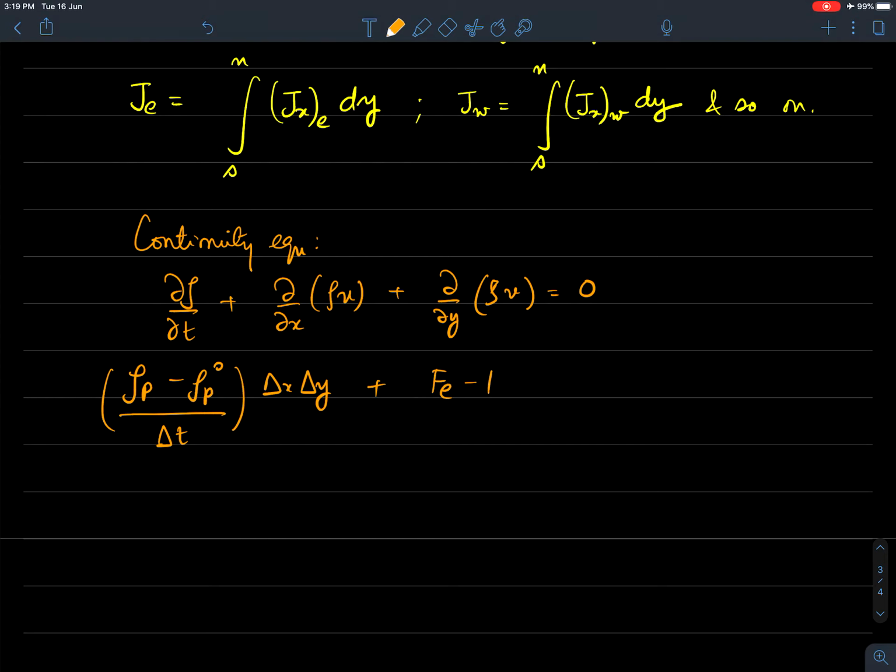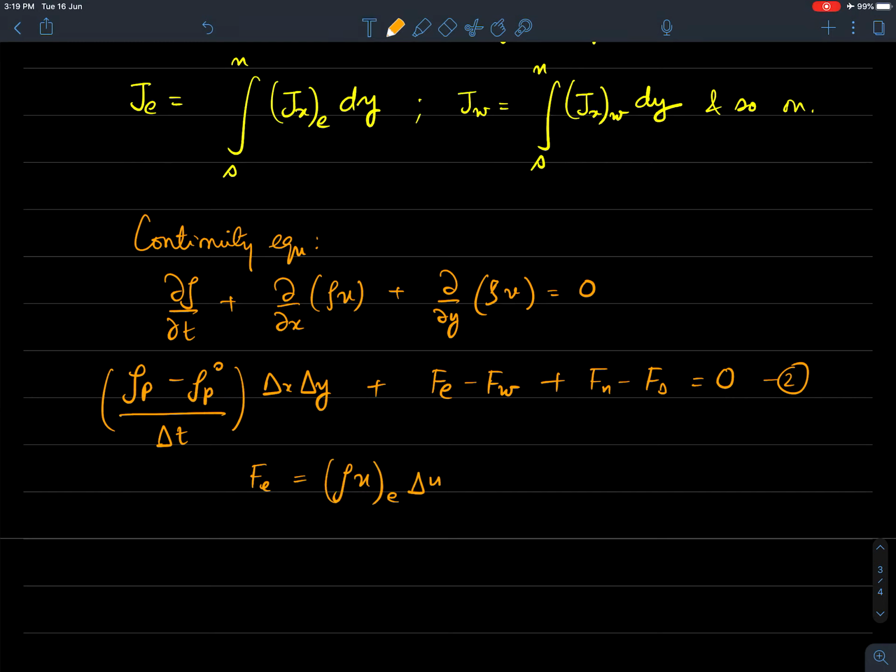Plus, now what will we get from these expressions? d by dx of rho u will basically become rho u. So Fe minus Fw plus Fn minus Fs is 0, where these F's are essentially the convective fluxes.